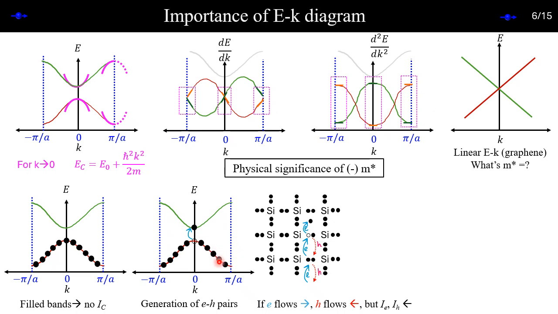Now we have two types of electrons. First, let's focus near k equals 0, because the most exciting things happen near k equals 0.